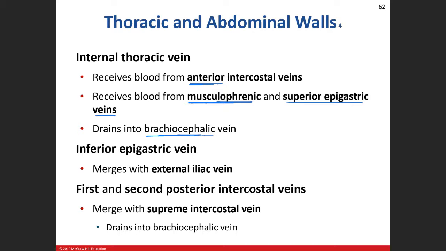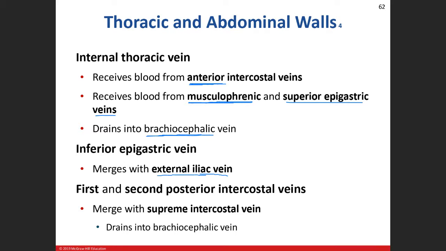All right. The inferior epigastric vein, though, similar to the inferior epigastric artery, will meet up with the external iliac. The inferior epigastric artery comes off of the external iliac artery. Well, the inferior epigastric vein is going to drain into the external iliac vein.